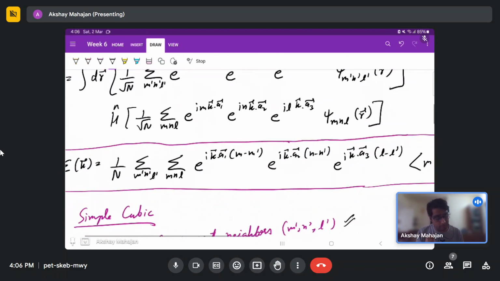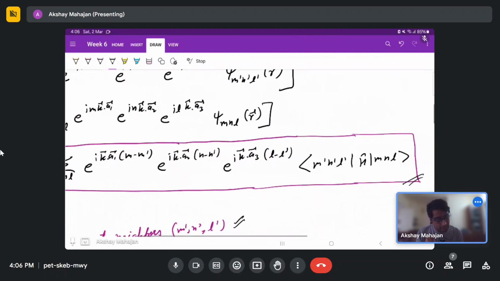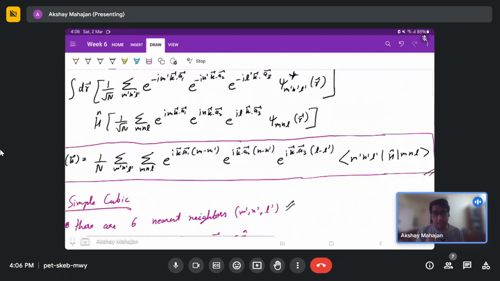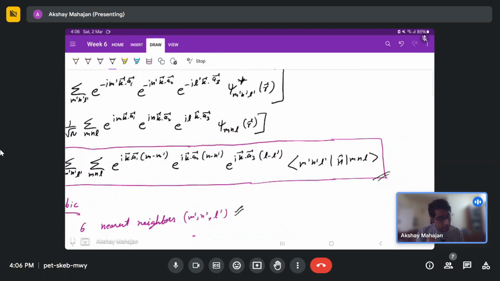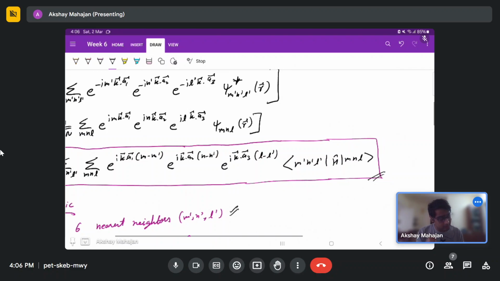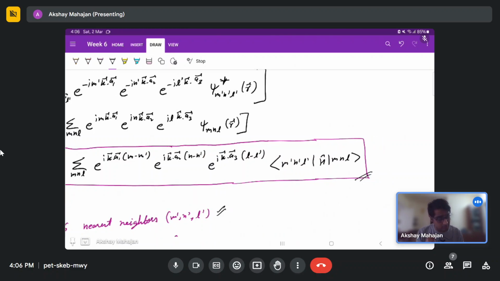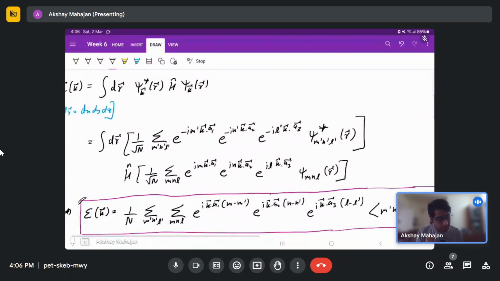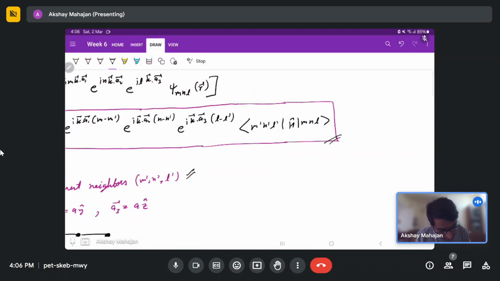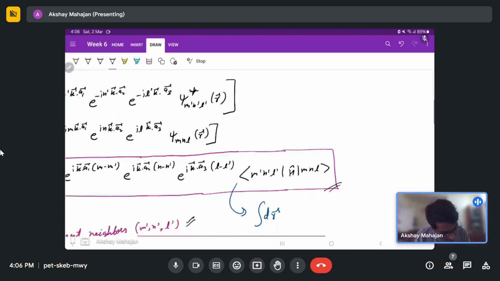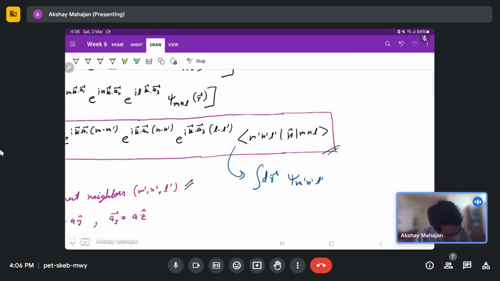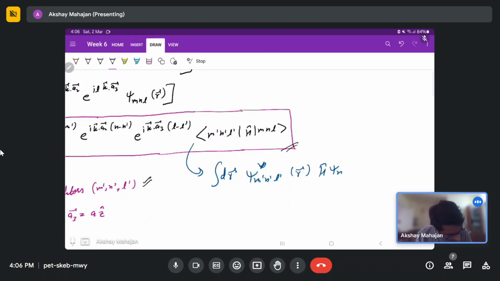So energy dispersion is 1 by N, summation over m prime, n prime, l prime, m, n and l, times e to the power iota k vector dot a1 vector (m minus m prime), e to the power iota k vector dot a2 vector (n minus n prime), and the same for e to the power iota k vector dot a3 vector (l minus l prime), times this matrix element, which we know is basically just this integral: integral dr vector psi m prime n prime l prime star of r vector, H cap, psi m n l of r vector.